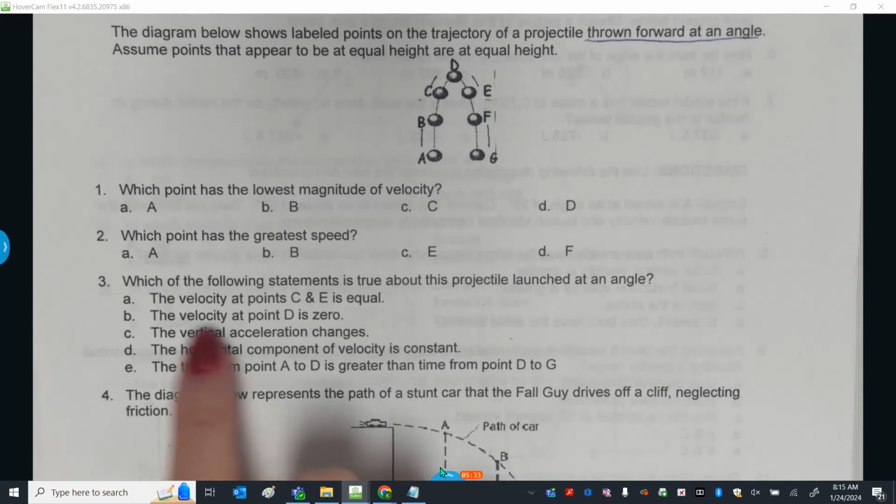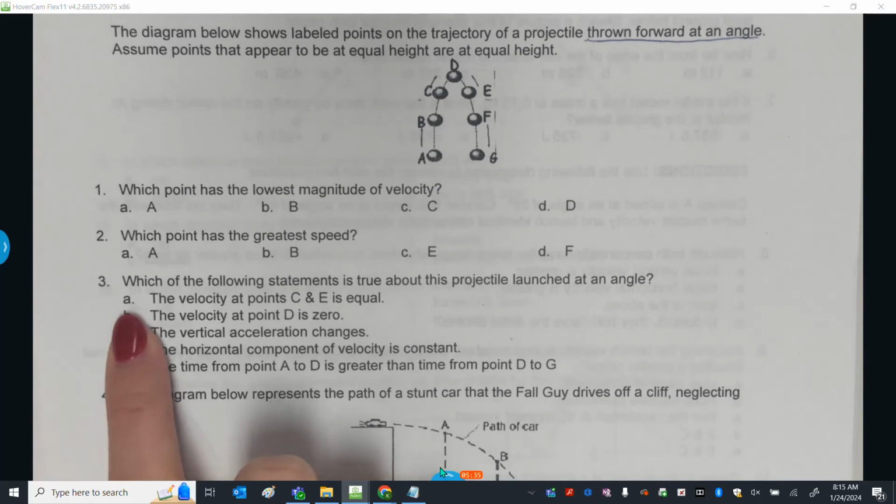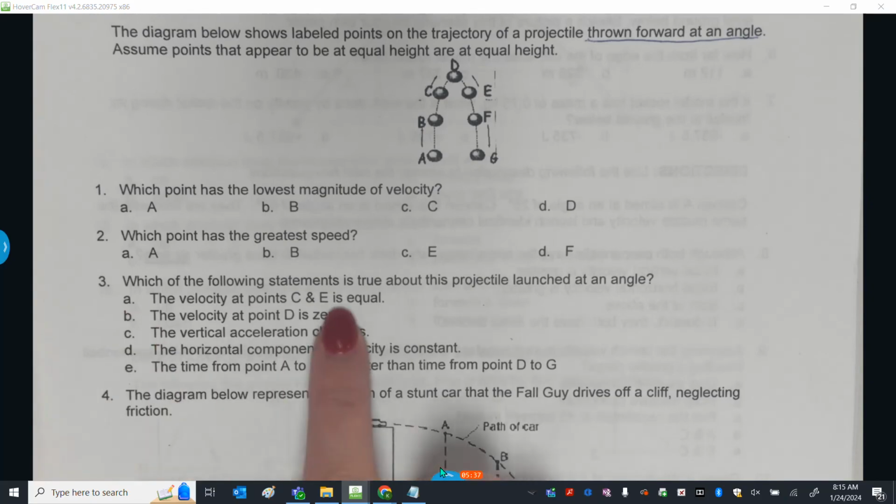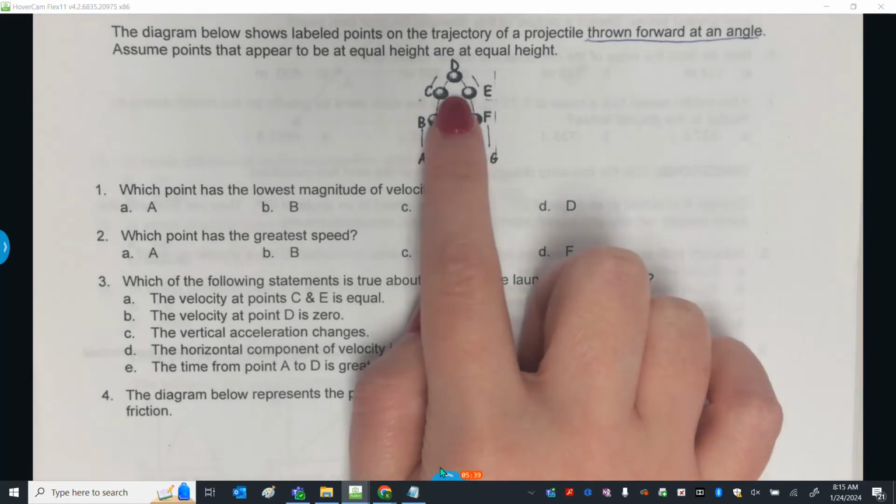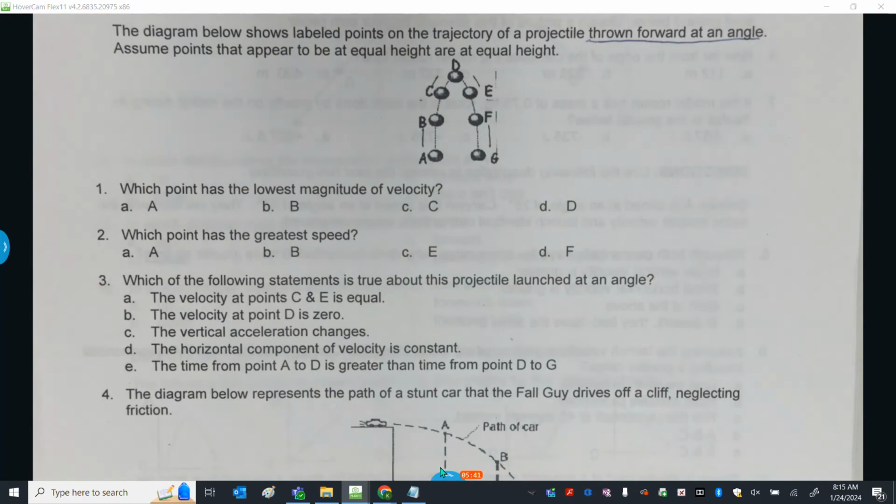If we read these statements, A says the velocity at points C and E is equal. C and E are at the same height, and so we would have the same speed. But velocity is a vector. It's not just the magnitude, not just the number, but also the direction. And very obviously they have different directions.